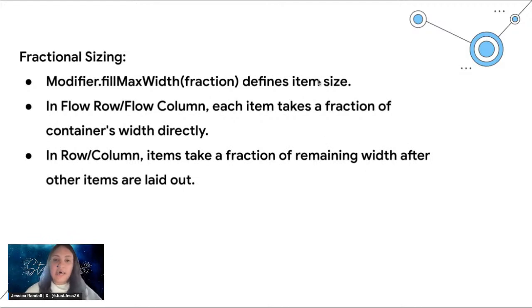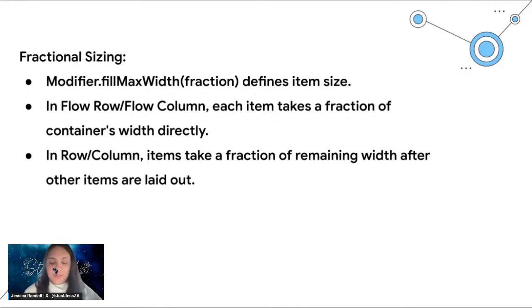In FlowRow and FlowColumn, each item takes a fraction of the container's width directly. We'll see an example of that right now. In Row and Column, the items only take a fraction of the remaining width after other items are laid out.